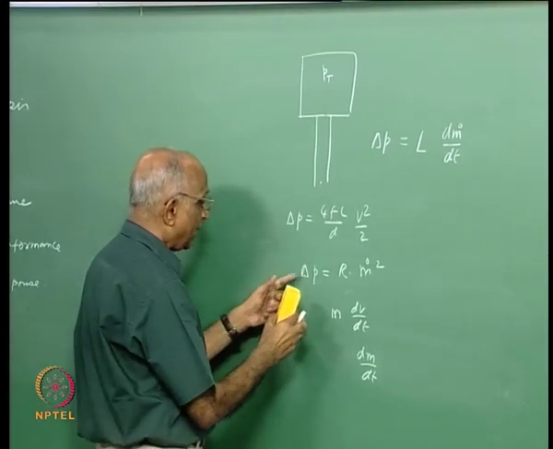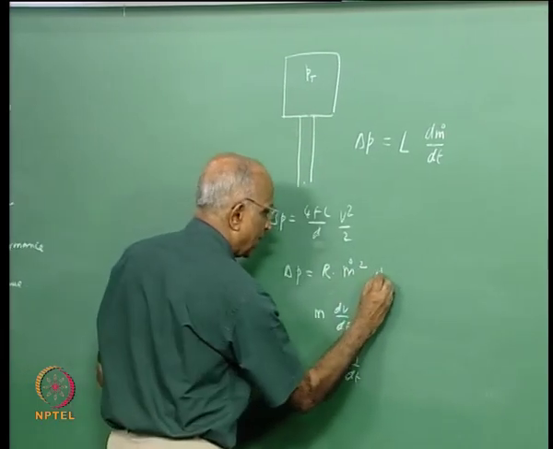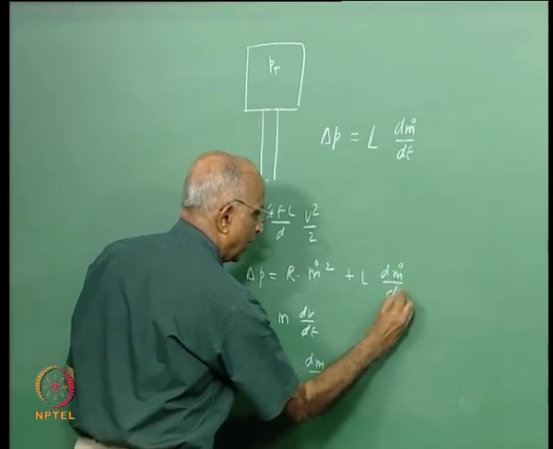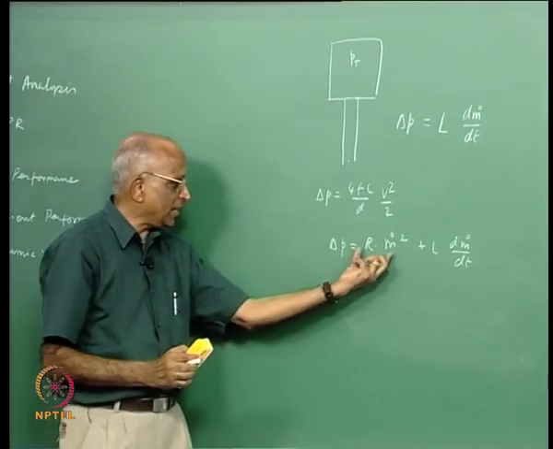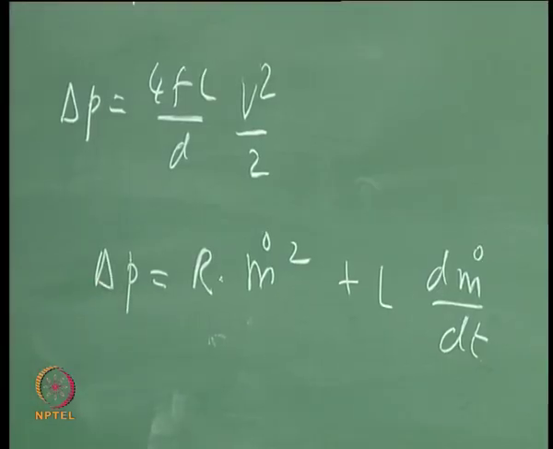Therefore, I can write the net pressure drop under dynamical conditions as L into dm dot by dt is the pressure drop in a line. This is under static conditions, this is under dynamical conditions. Therefore, this is the total pressure drop.